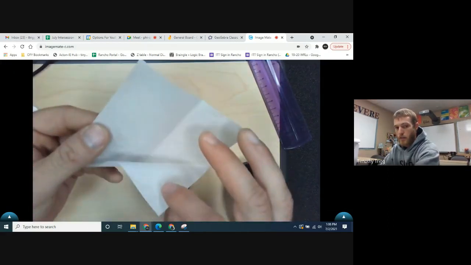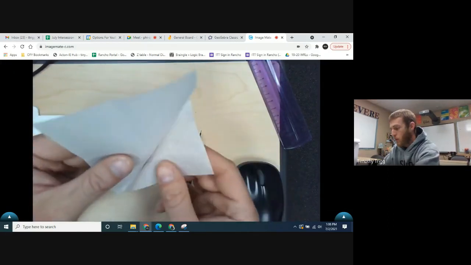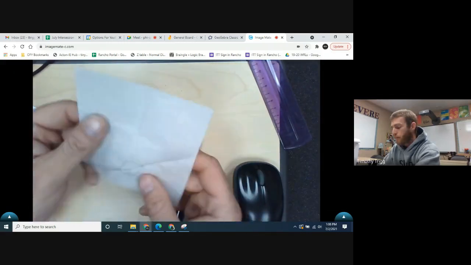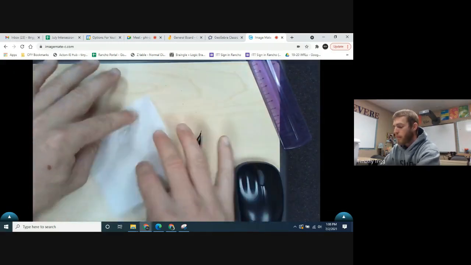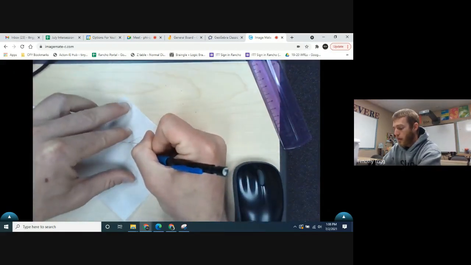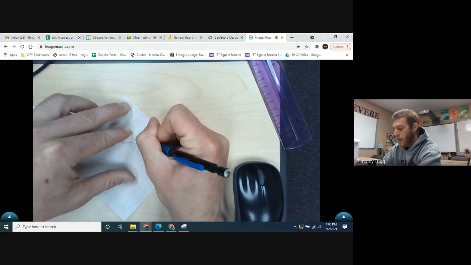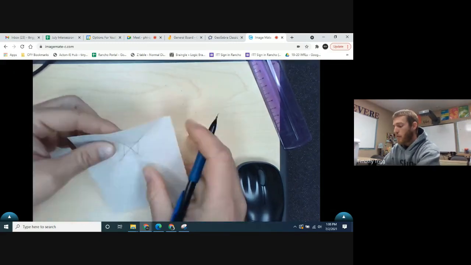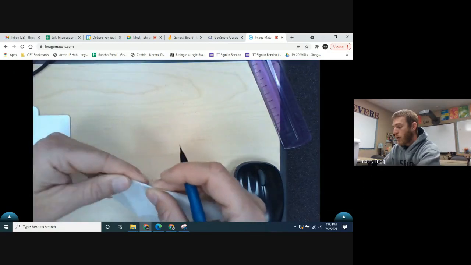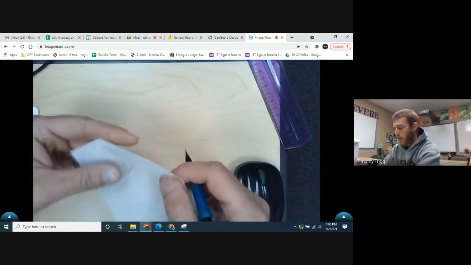Hopefully you can see that it would fold perfectly on top of itself. And it actually has a second line of symmetry going through the corners diagonally the other way. So every rhombus, this rhombus included, has two lines of symmetry going through the corners like that.